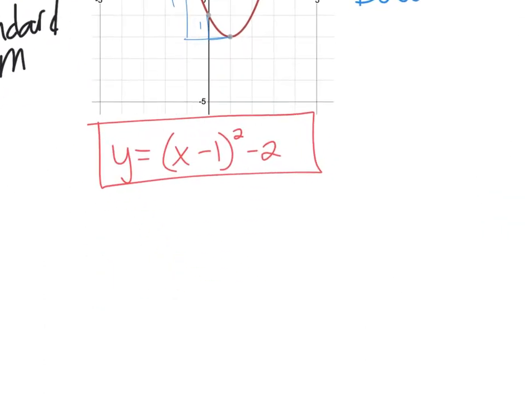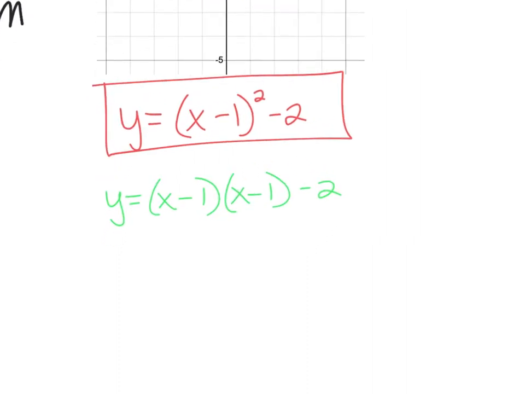Sweet. Now we have to do one more step to get it into standard form. We just have to multiply it out to get rid of those parentheses. So this is going to be x minus 1 times x minus 1 minus 2. All right, let's go ahead and distribute. That would be x squared minus x, then another minus x, and then plus 1.